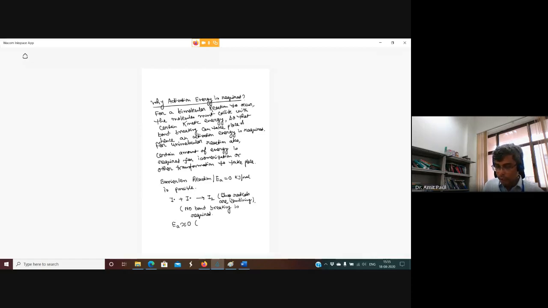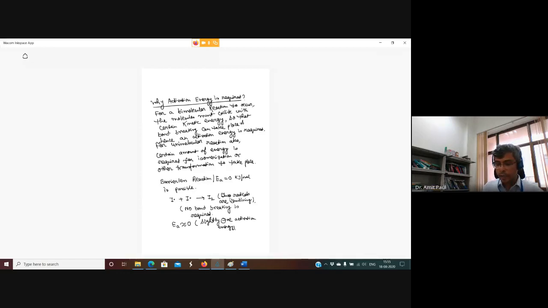Actually, it has a slightly negative activation energy. So this is very, very fascinating information, that we always think that we need a positive activation barrier.